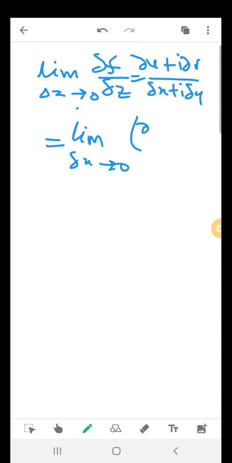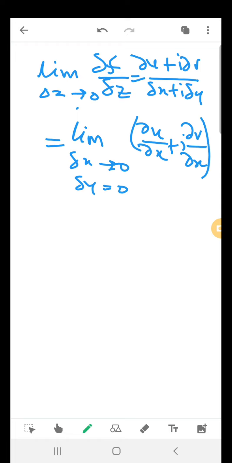So it is del u by del x plus i del v by del x, considering delta y is equal to 0. Since delta y is equal to 0, we are not considering this part.